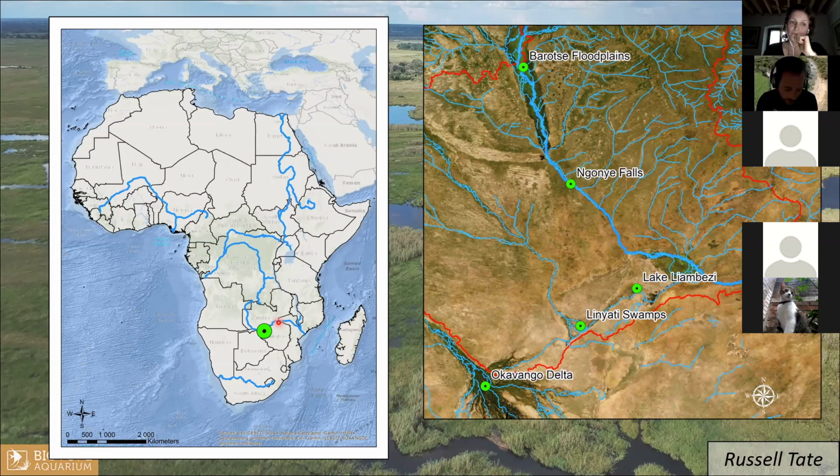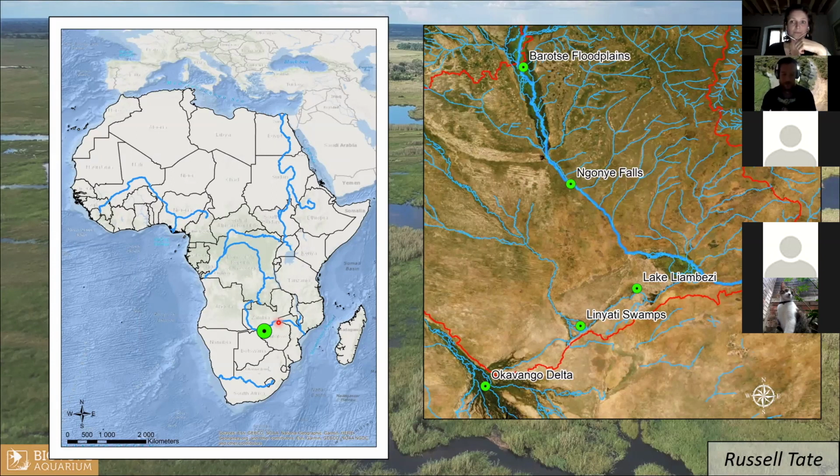So in light of the whole biotope aquarium imitation, trying to get the aquariums to look as similar to the aquatic environment as possible, it's great to have first-hand information from people who've actually been to these areas. Absolutely. And so that's kind of what I'm trying to show to you guys.